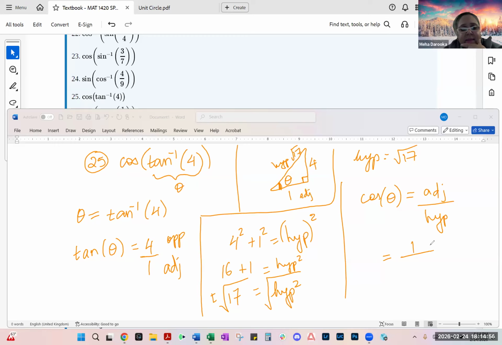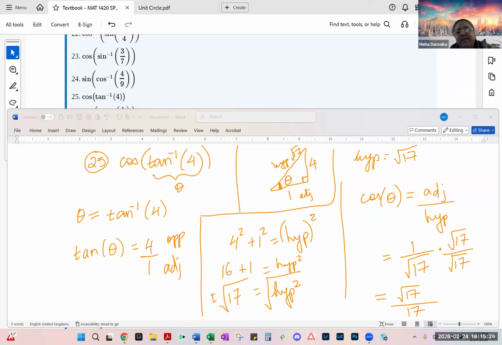And our hypotenuse, as we just calculated, is the square root of 17. Now, guys, since this is dealing completely with numbers, we will go ahead and rationalize our denominator. So 1 times square root of 17 is square root of 17, and on the denominator, you will get just 17. So always remember to rationalize that.